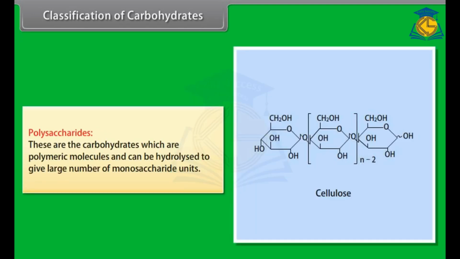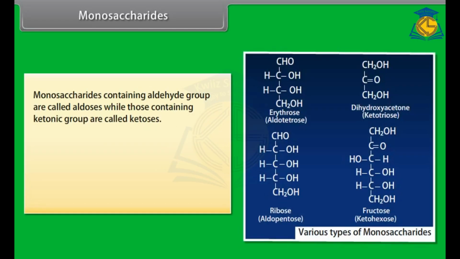Polysaccharides. These are the carbohydrates which are polymeric molecules and can be hydrolyzed to give a large number of monosaccharide units. For example, starch, glycogen and cellulose. Monosaccharides. Monosaccharides containing aldehyde group are called aldoses, while those containing ketonic group are called ketoses.